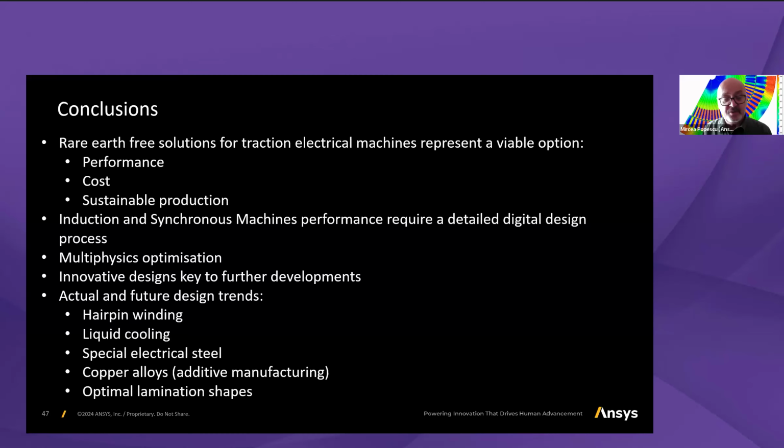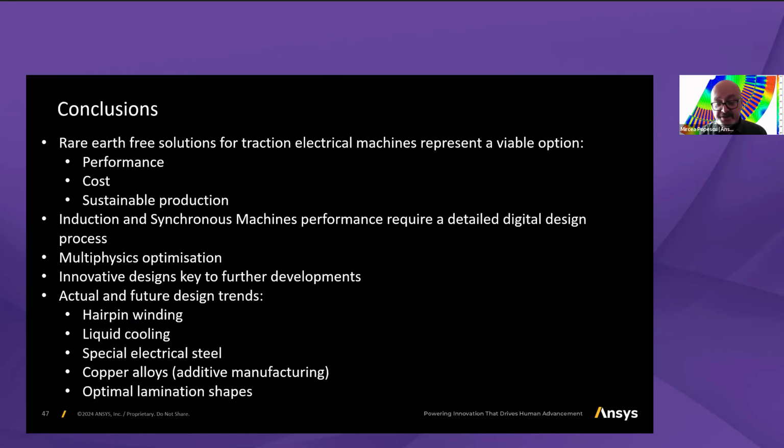Good performance, cost, it's always good to mention that they typically can be slightly cheaper than rare earth solutions. Sustainable production, and with digital design it's possible to squeeze the last drop, if you want, to try to improve as much as possible, looking at all multi-physics aspects to improve the design of such technologies.